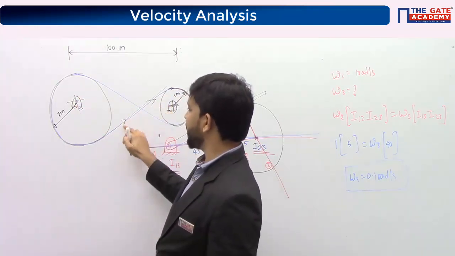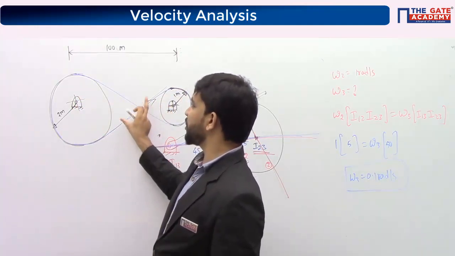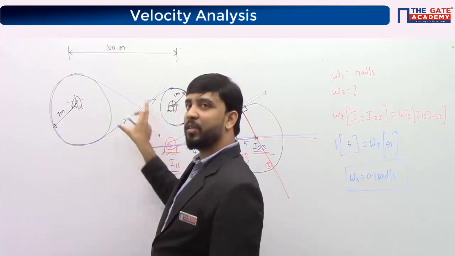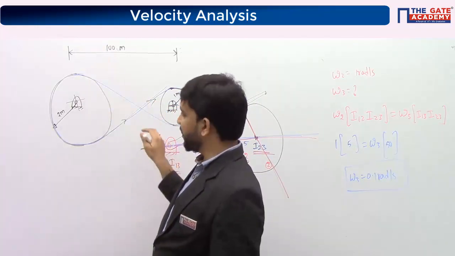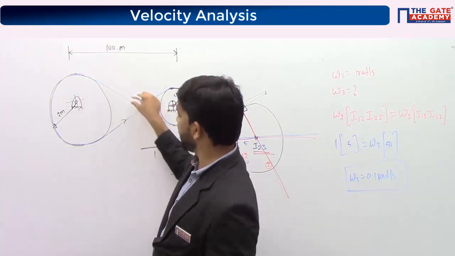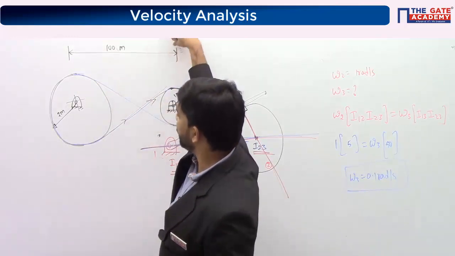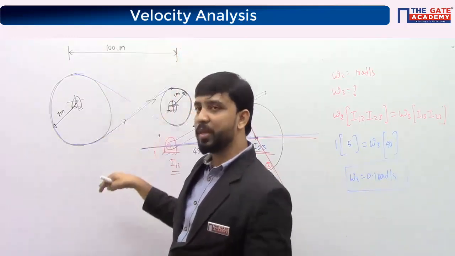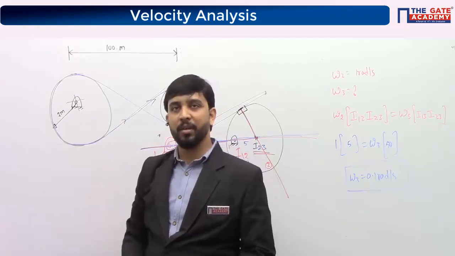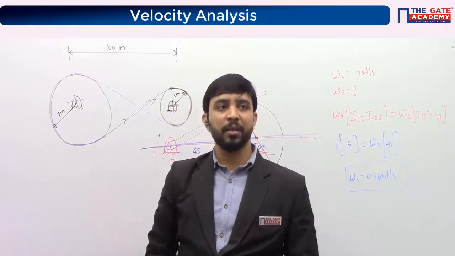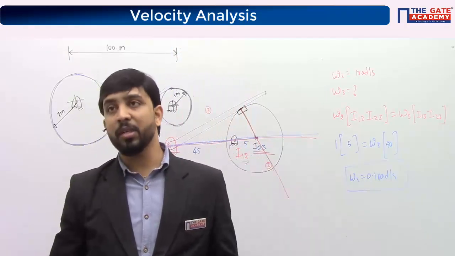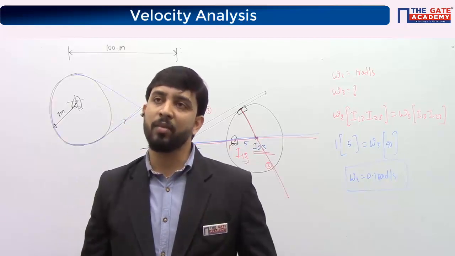If I draw velocity vectors and perpendiculars to the velocity vectors, they will meet at infinity in the direction perpendicular to this plane. And this portion of the belt is also moving in a straight line, so its I center will also lie at infinity in the direction perpendicular to this plane. So different portions of a flexible body will have different I centers, okay? So we cannot locate a single I center for a flexible body.